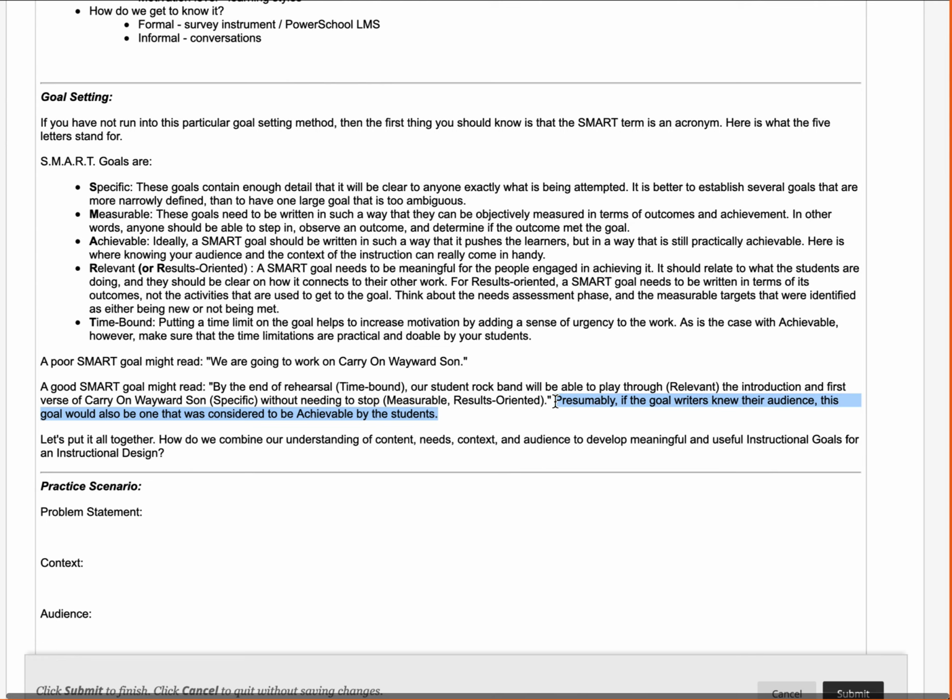So that last piece, the achievable, is kind of implied in the wording of this, that you kind of assume that whoever wrote this goal knows that this is something that they could potentially achieve. So that's kind of all of that put together.